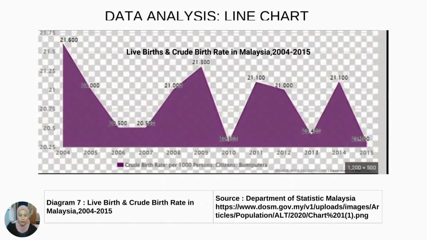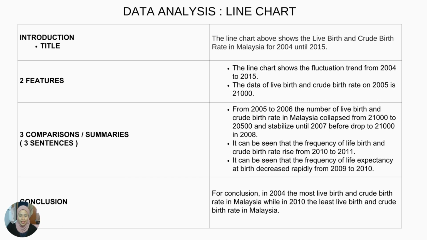For the fourth graph is data analysis of a line chart. The line chart above shows the live birth and crude birth rate in Malaysia from 2004 until 2015. The line chart shows the fluctuation trend from 2004 to 2015.